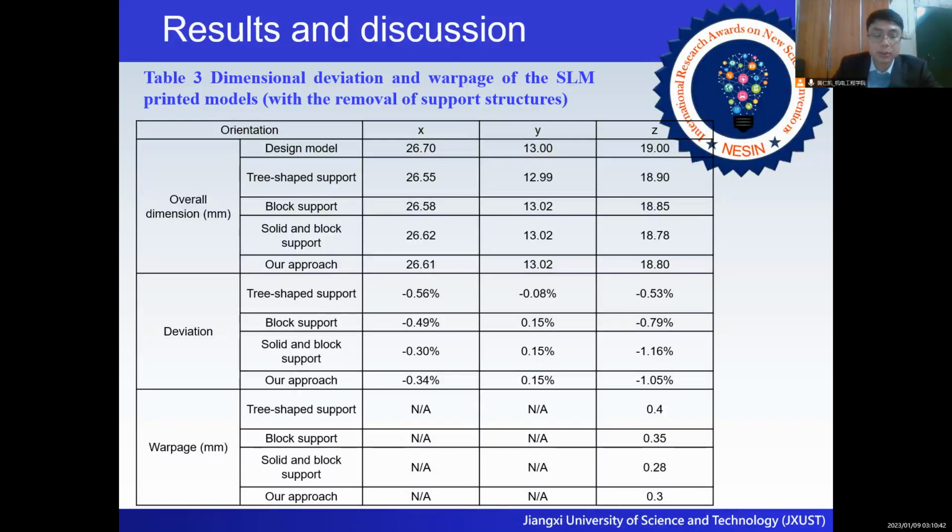There is no significant difference between our method and the three methods of Magics RP in the dimensional deviation of the SLM printed model in the y-axis direction.